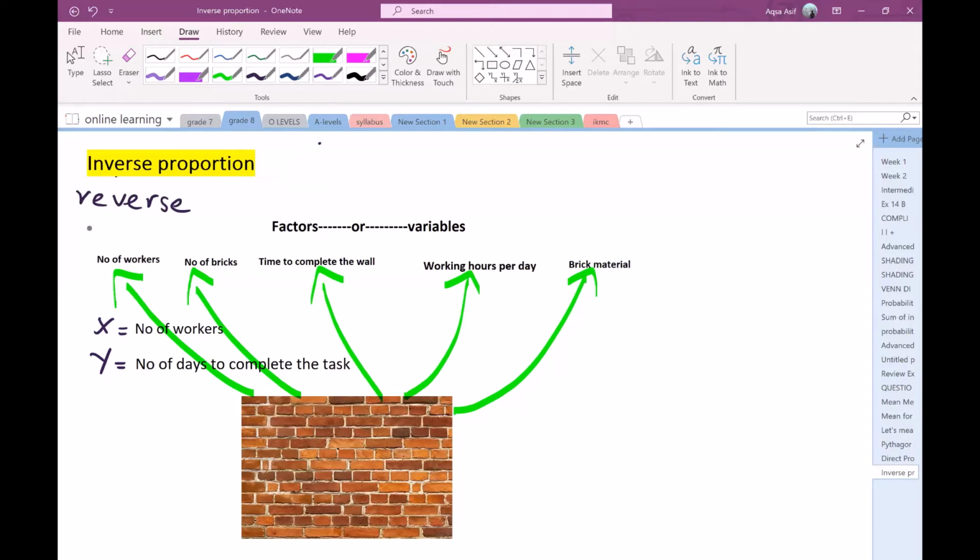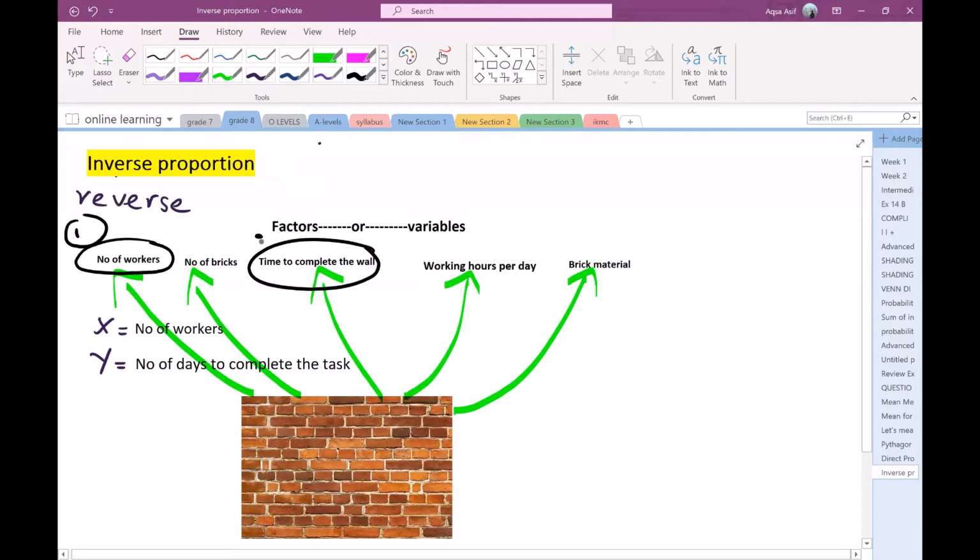Now let's consider two variables. I will take number of workers as one variable, and I will take number of days or time to complete the wall as the second variable. Usually the variables are represented by the letters X and Y. Now let's see what is the effect on Y when X is varied or changed.